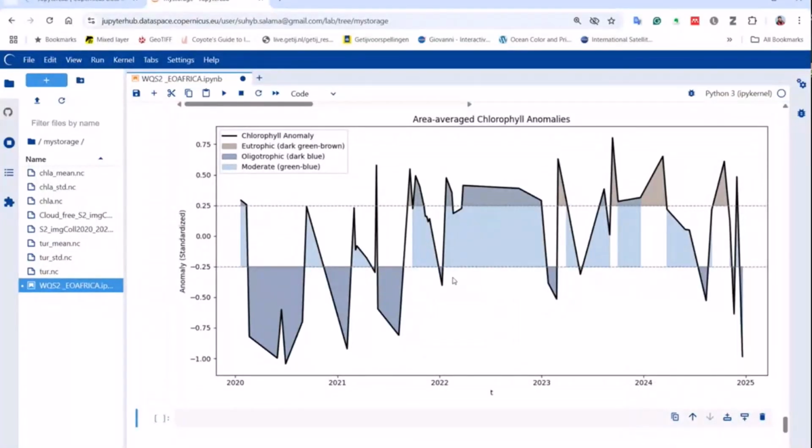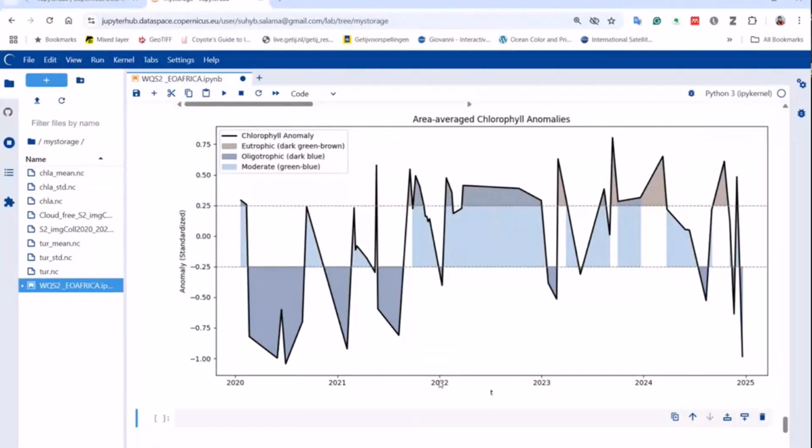Again, starting from 2022, you could see that the condition has been more worsened. So there is a kind of sign of eutrophication or increased frequency and probability of eutrophication.